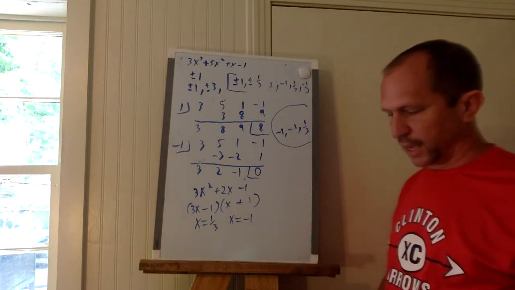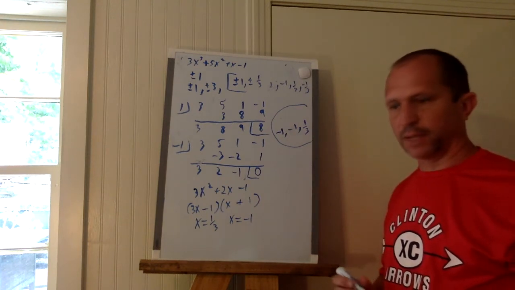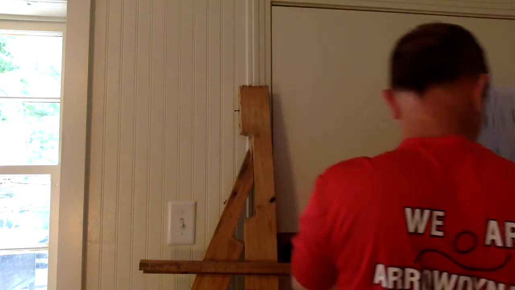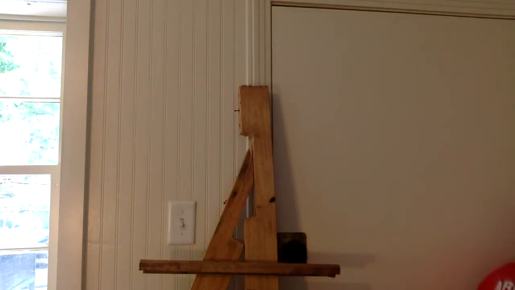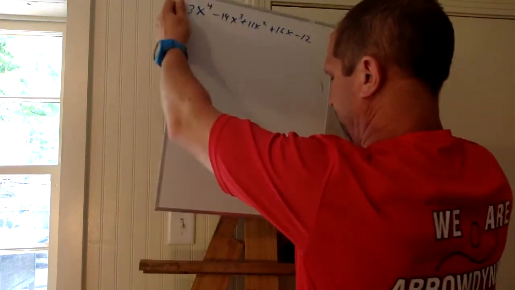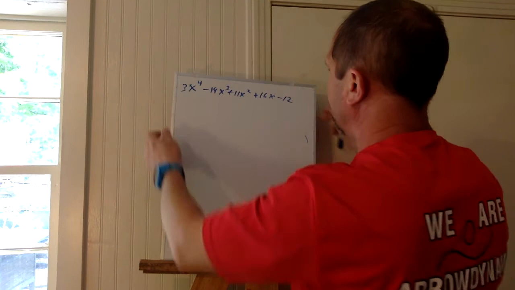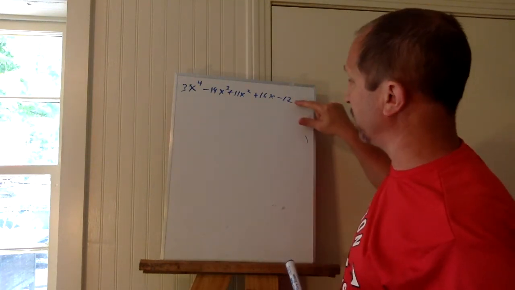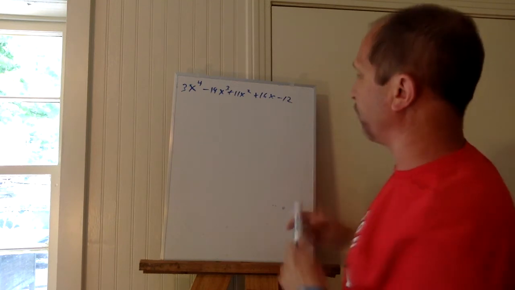So now let's look at a second problem here that's going to be a little bit more involved. Once again, I'm going to start off by listing my possible rational roots. This one's going to have several because 12 has several factors.